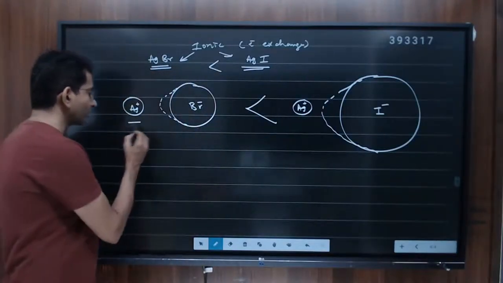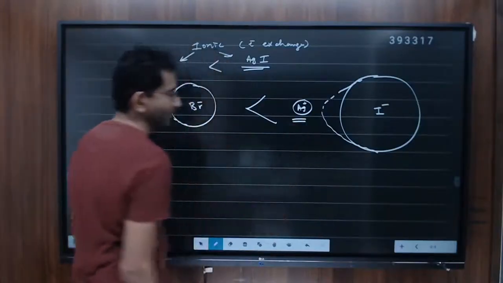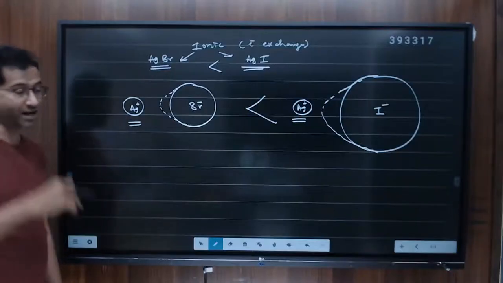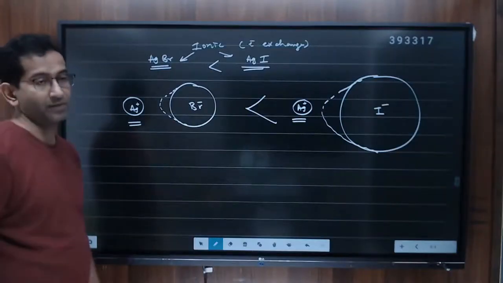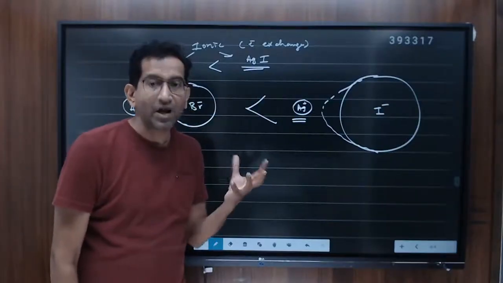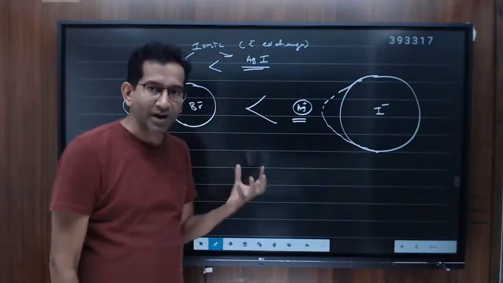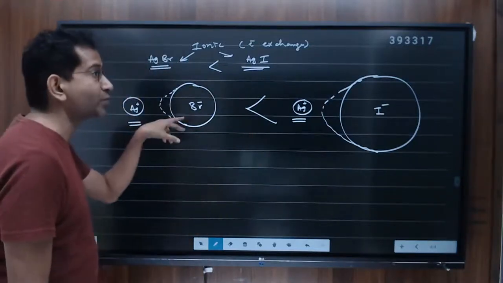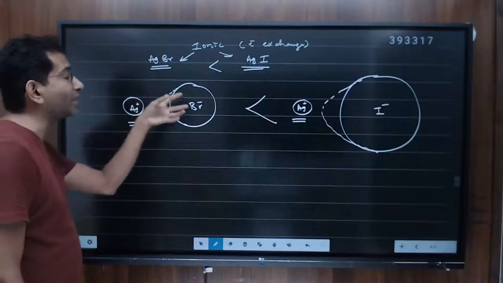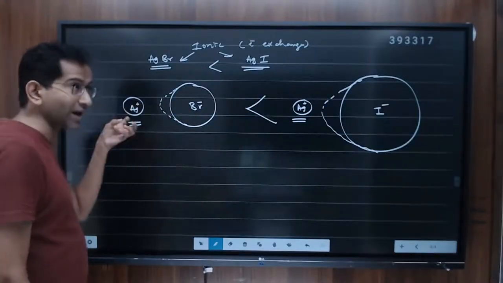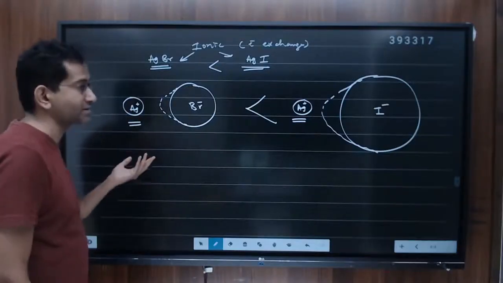Why? In both of these, the cationic size is same, but the anionic size is not same. Check it. Br- being smaller in size has its own sufficient attraction, so it will not allow the cation to pull the electron cloud much towards itself. And if it is not allowing much, it means less polarization.